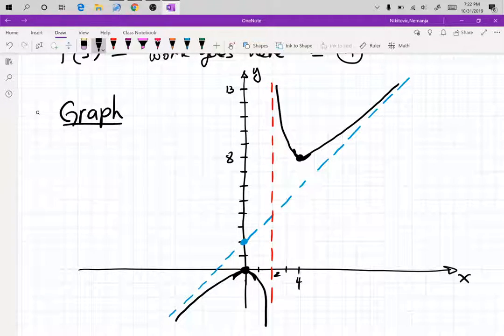Minimum at 4, 8. 0, 0, maximum. And right, so you see that we don't know what these graphs look like before we start.